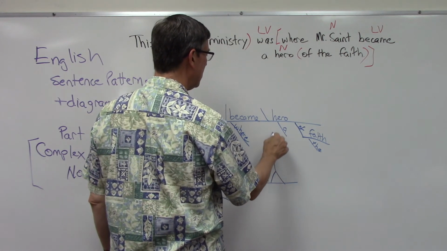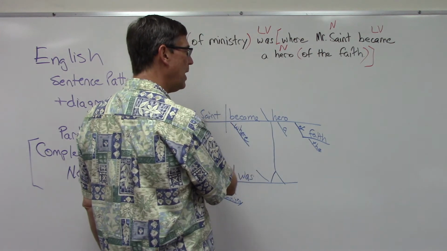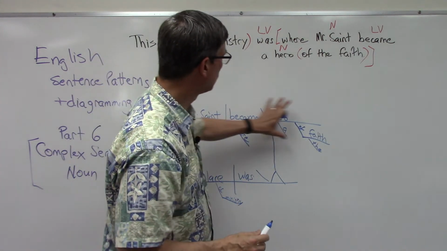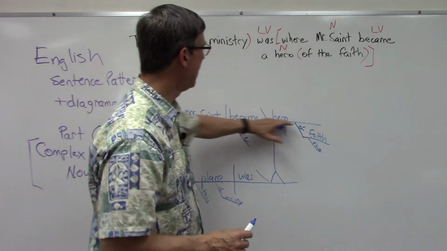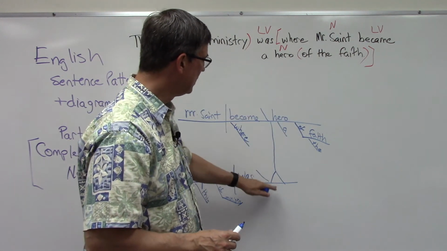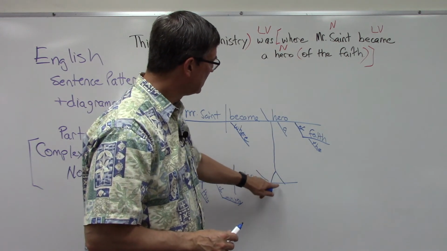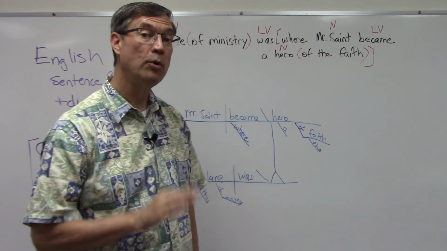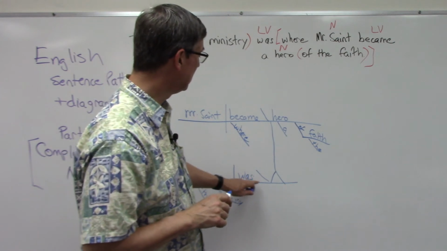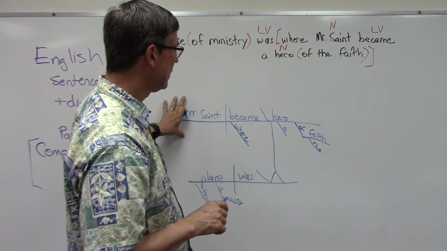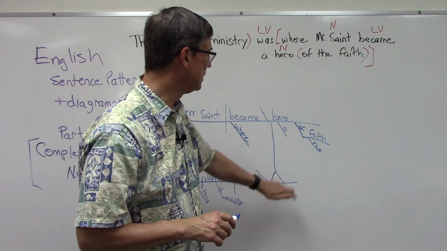So we draw a line up, and it does not matter where it connects, okay? We're elevating this whole clause. So this whole line, you can connect it anywhere down to, it has to come after this line here. So it's acting as the predicate nominative, because it's coming after a linking verb. So this whole clause acts as a noun, the predicate nominative for this sentence.